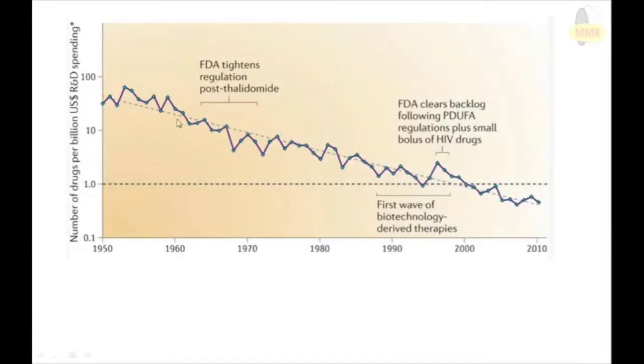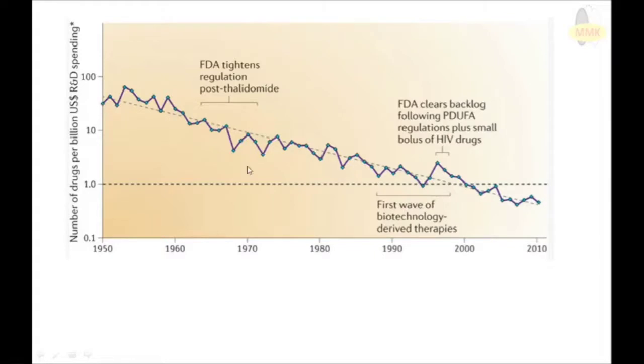See, this is a simple bar graph showing how the expense of drug discovery is increasing with time. Earlier, it was the number of drugs per billion US dollars spent. In 1950, if you spent $1 billion, you would have at least 25 to 30 molecules in the market.